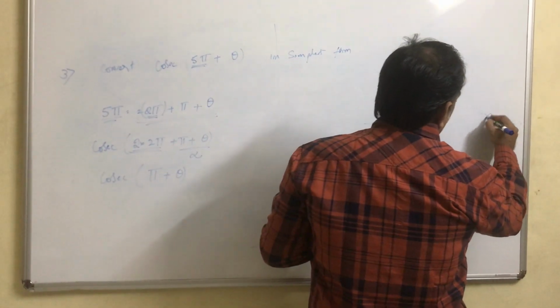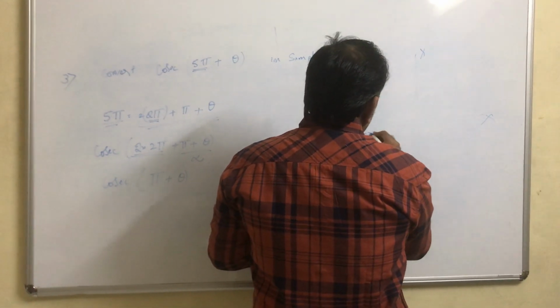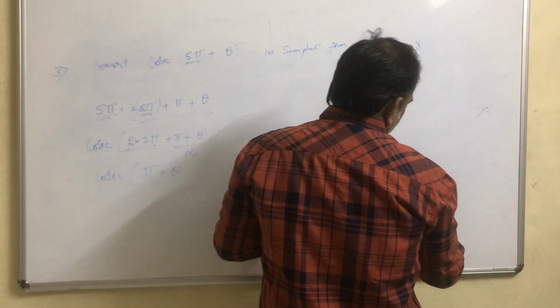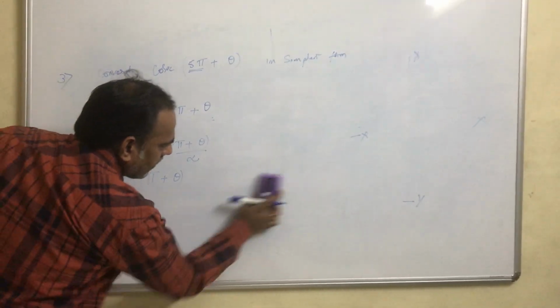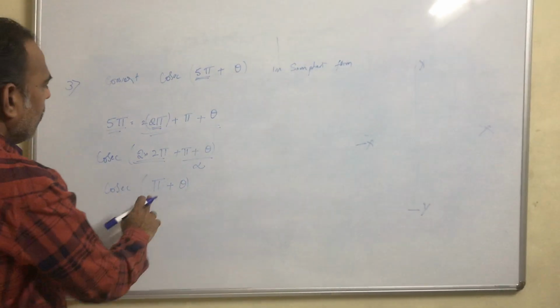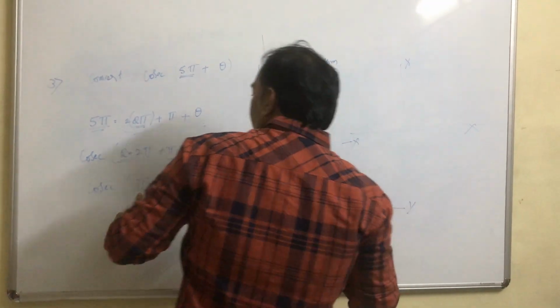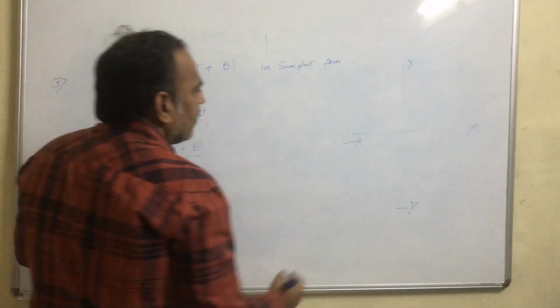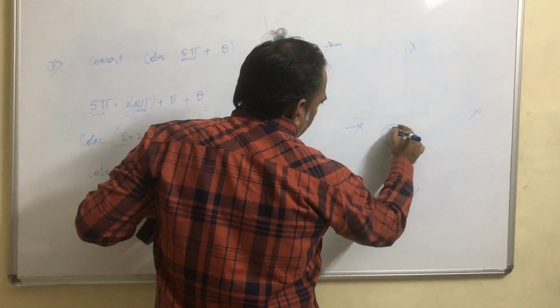Now take coordinates. This is the x coordinate and this is the y coordinate. This is minus x, this is minus y, right? Now pi means 180, right? 180 plus some angle. So we will be in the third coordinate.